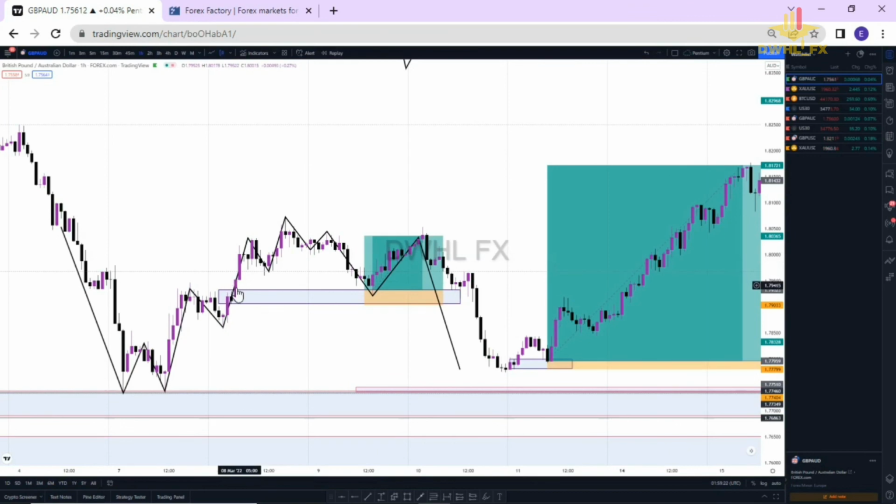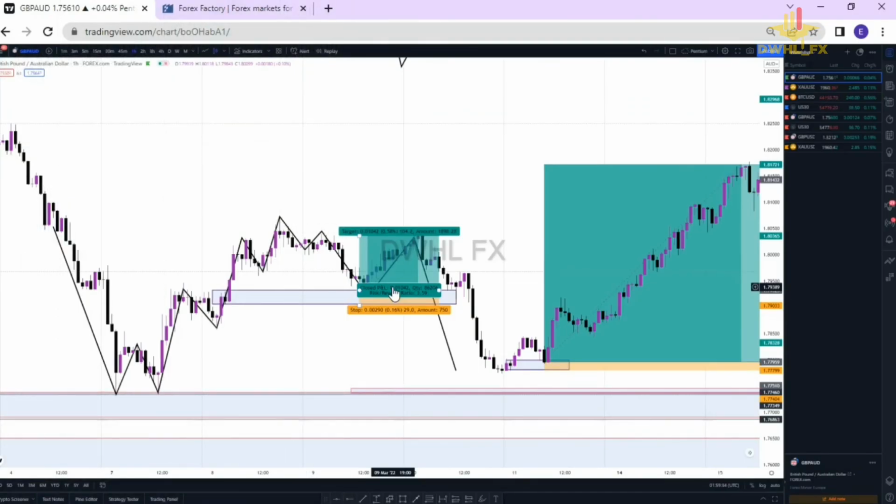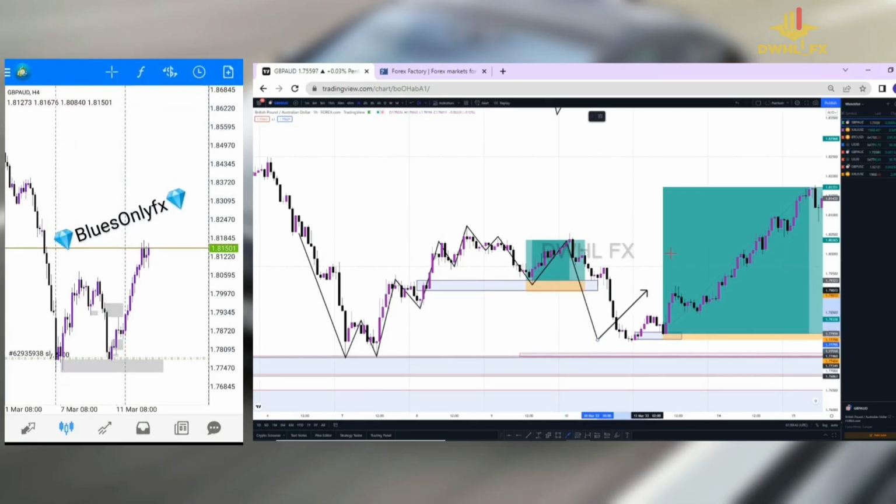And based on that knowledge, we took a very quick 104 pips trade in GBP AUD. That's GA, I call it GA. Very simple. That's 1:3. And then we ultimately got into our zone, and then we got our beautiful 687 pips in blues.